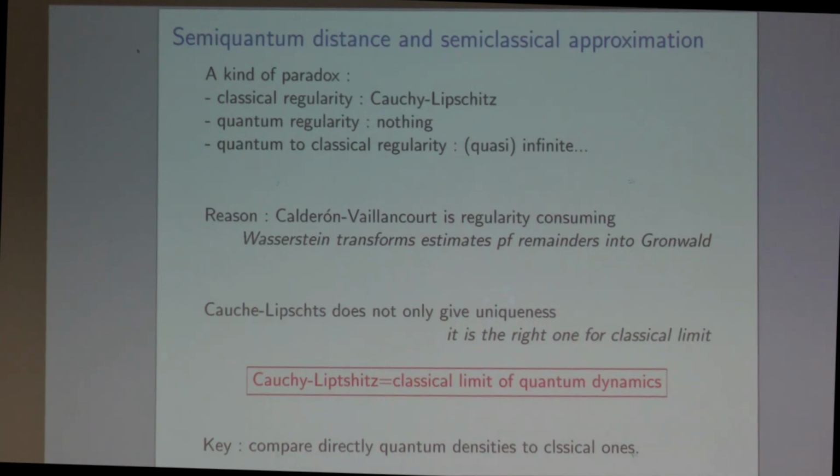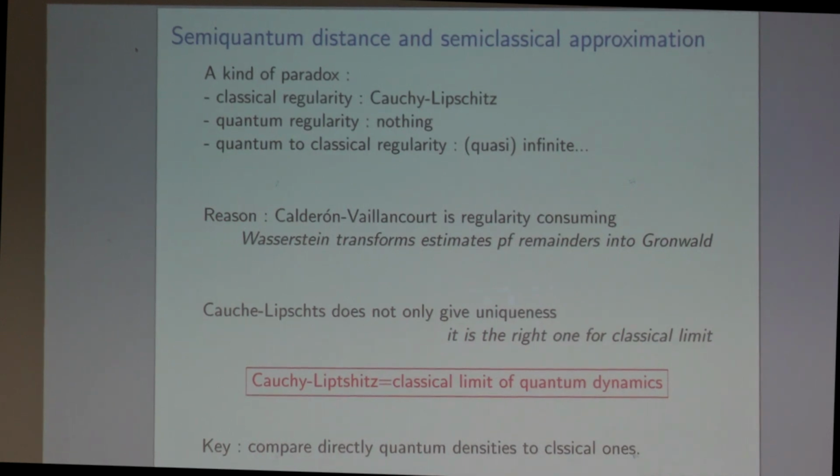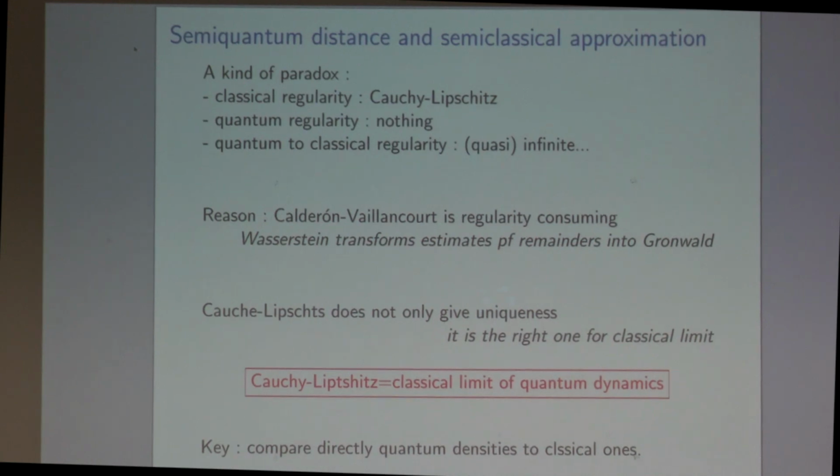That is, you quantize only mu, which gives you a quantum density, and you keep nu as a classical density. In principle, the dictionary will give you something. And this way, you will have a distance which now will fail even the last axiom of a distance that was satisfied before. That is, you cannot invert the two points because the two points live in two completely different spaces. But still, you can do it like this.